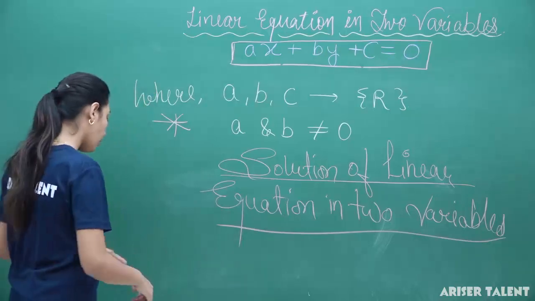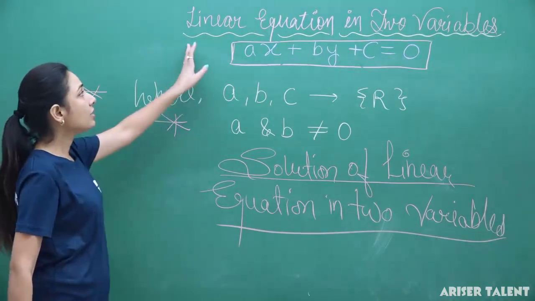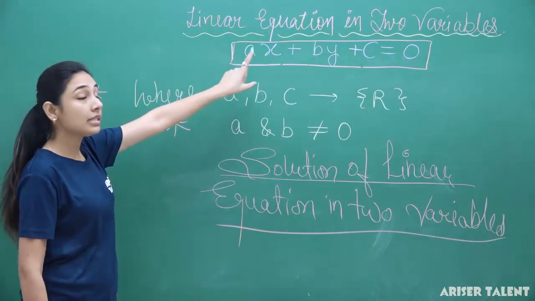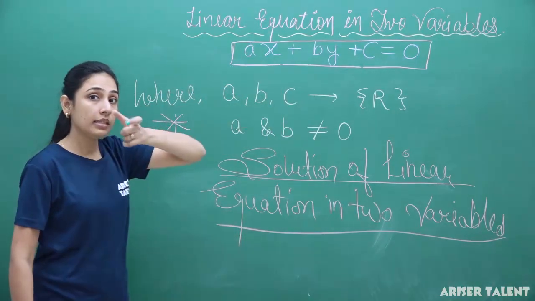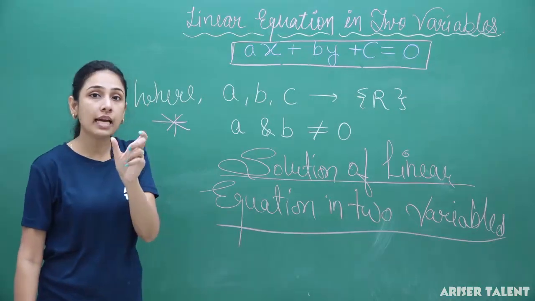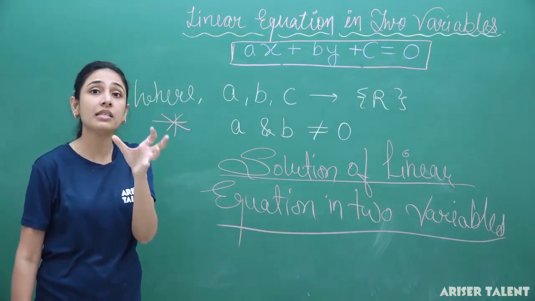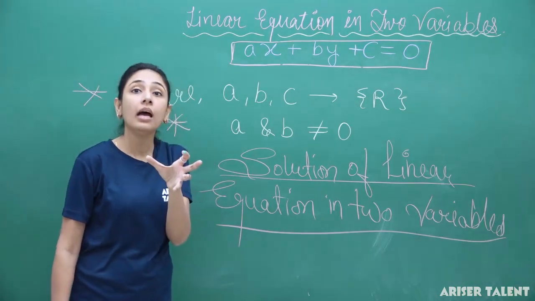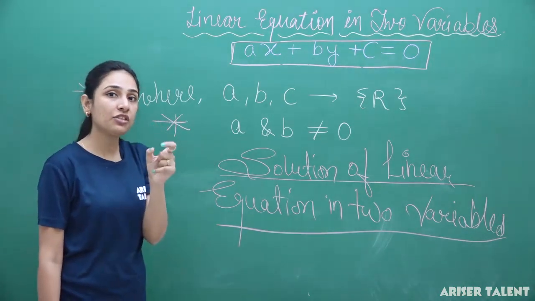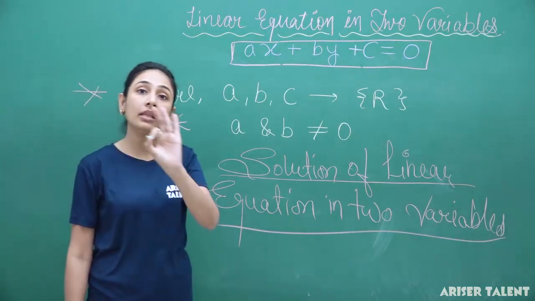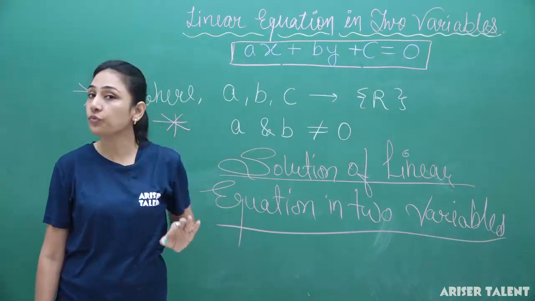For this lecture, what I have told you is we have some linear equations in two variables in this chapter. First thing is, an equation is what? It's something where we put the equal sign and we have something in LHS and RHS, that means left hand side and right hand side. Now the linear equation will be one that has only the highest power as 1.